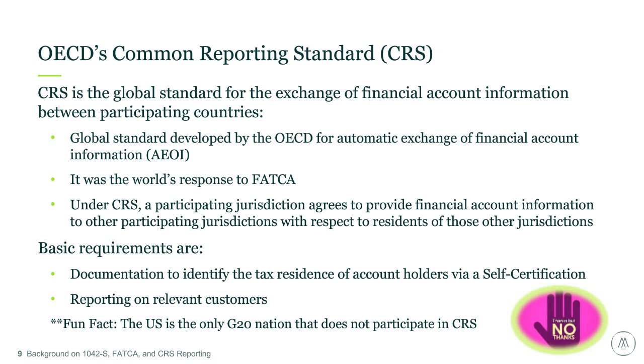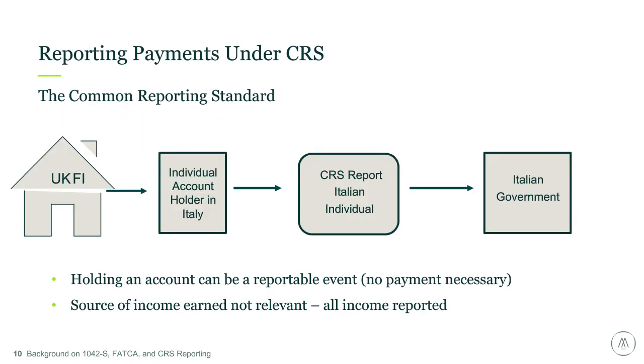So for instance, you have your Cayman-based fund, and you have 7 LPs that are all domiciled in the UK. You're going to report all of those Cayman UK LPs, individuals, to the Cayman government, and they're going to share that with the UK government. So that's kind of what I just illustrated. You have your UK FI, individual account holders in Italy.